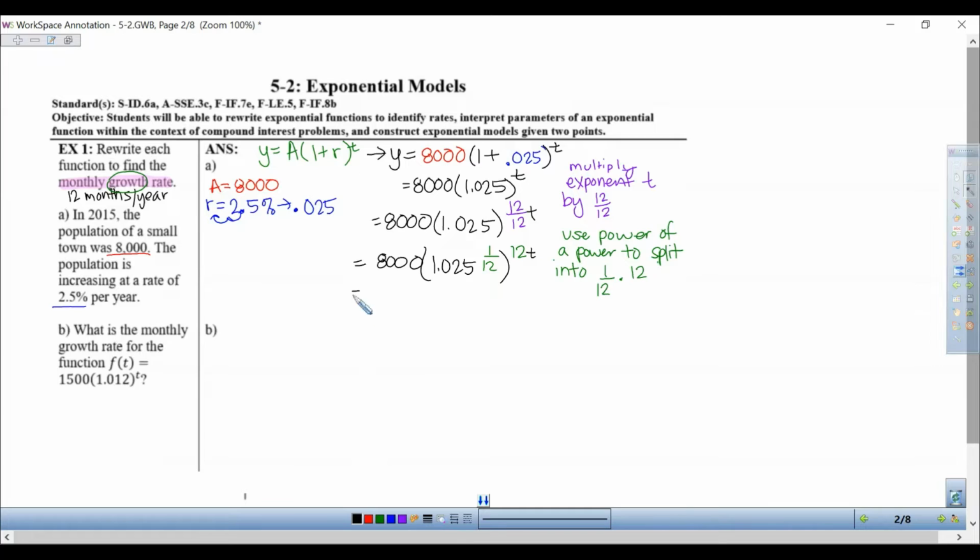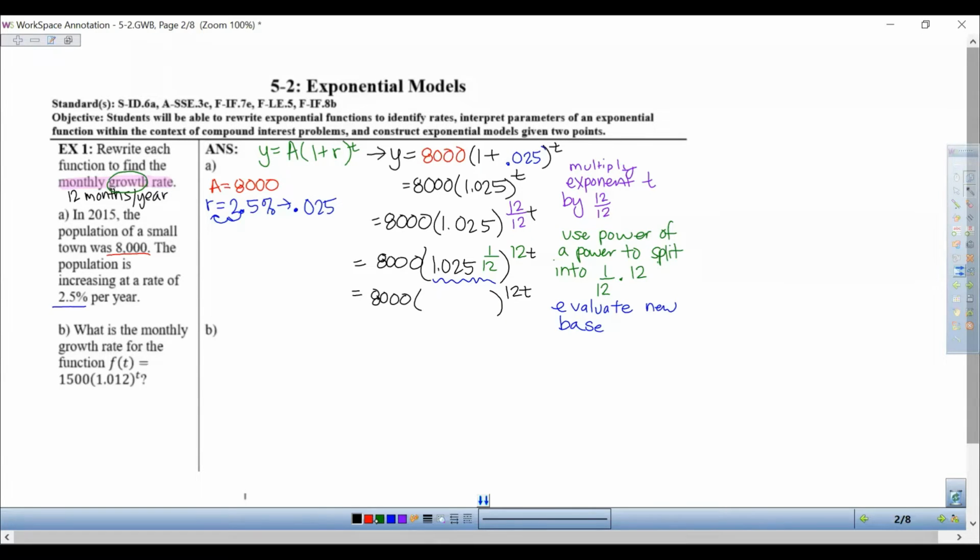Then what I want to do is evaluate my base. So evaluate the new base, which means I'm plugging into my calculator 1.025 raised to the 1/12th power, and I'm leaving everything else.